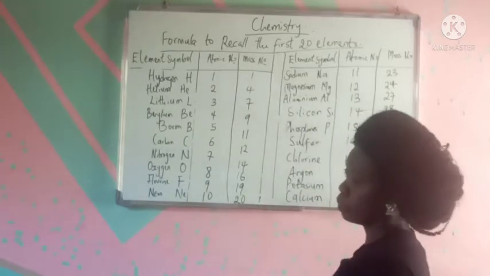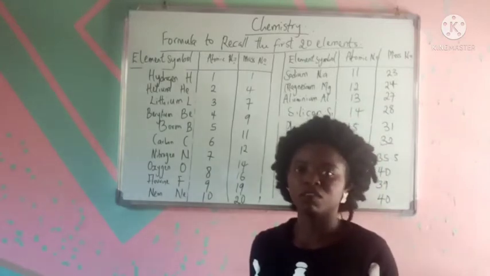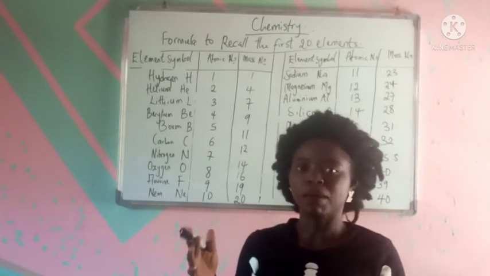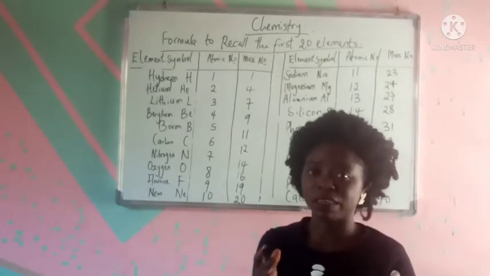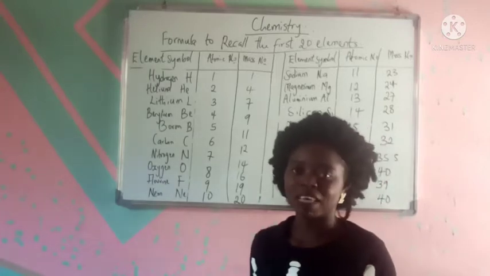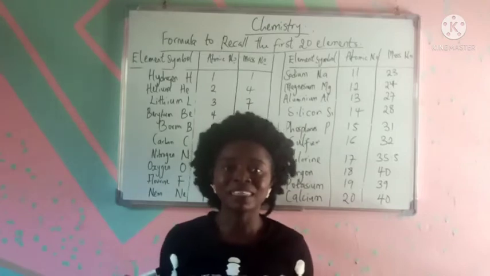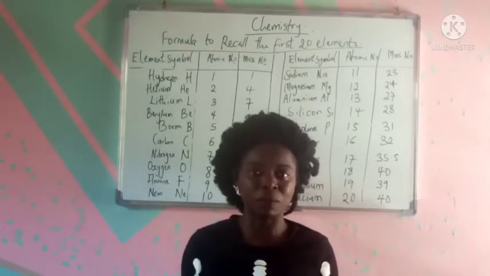Hope you understand. So anytime you're looking for the mass number of a particular element, all you need to do is just do a summation. That is, you add up the number of protons it has and the number of neutrons it has. That will give you your mass number. So we said we are going to be doing calculations that relate to the percentage by mass that every element has in a particular compound.